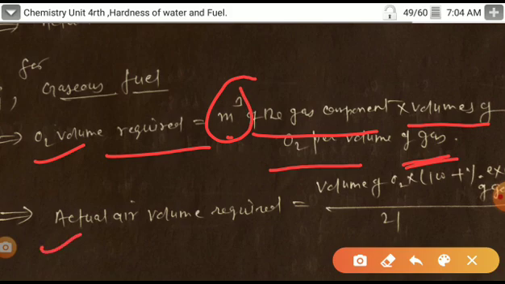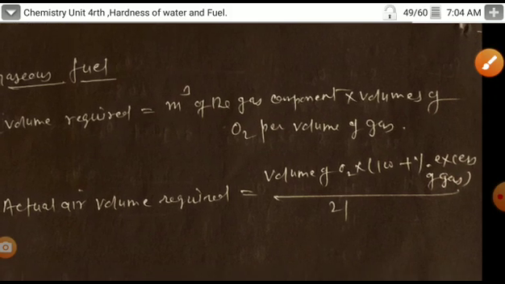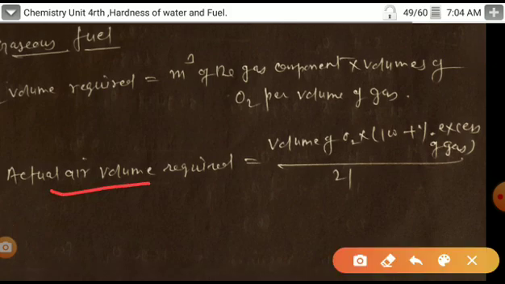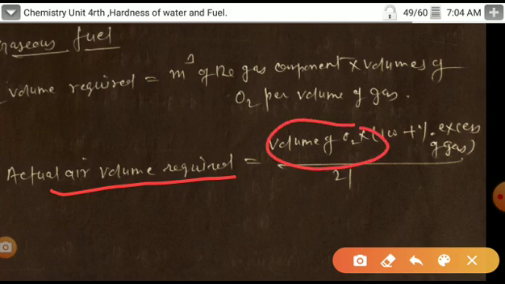And then the actual air needed for complete combustion of the gaseous fuel, what is the formula? The actual air required for complete combustion of the gaseous fuel is equal to the volume of air, which comes out from the above formula.